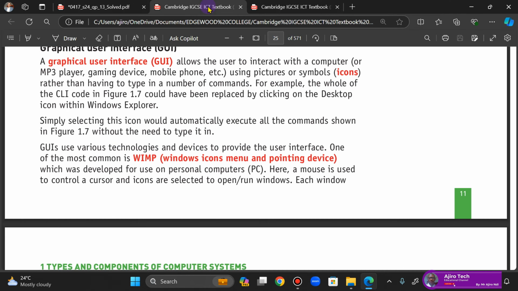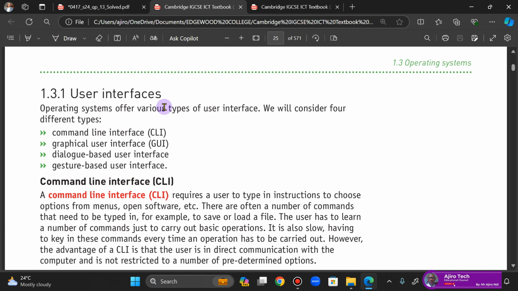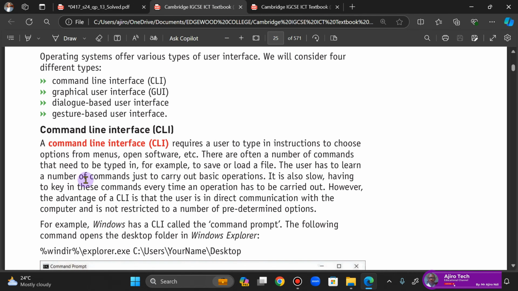Now, if you look at this, for the CLI, which is the command line interface, there are often a number of commands that need to be typed in. The user has to learn a number of commands just to carry out operations.